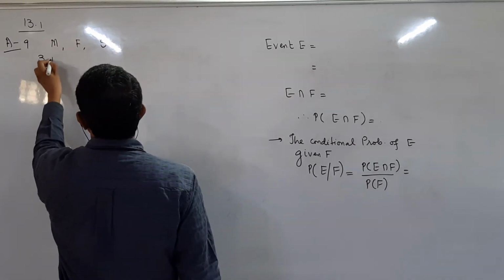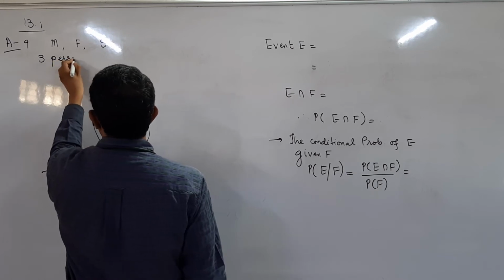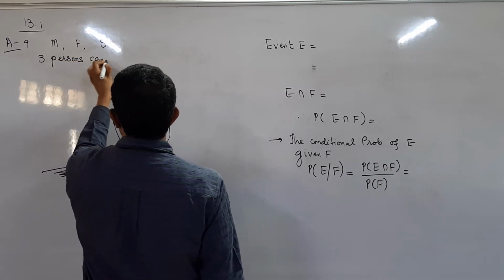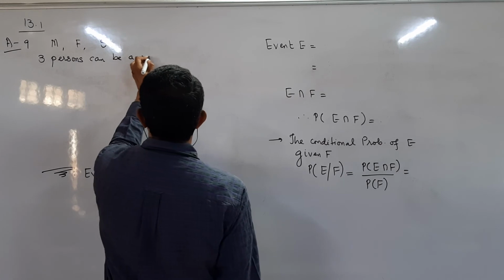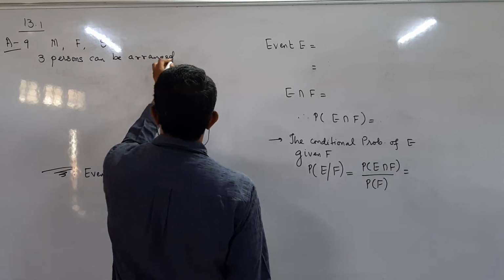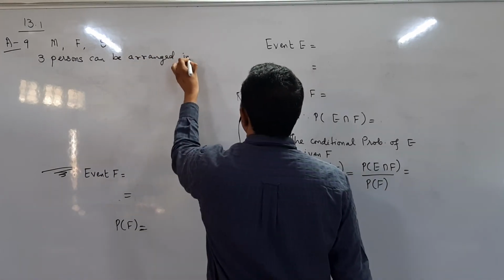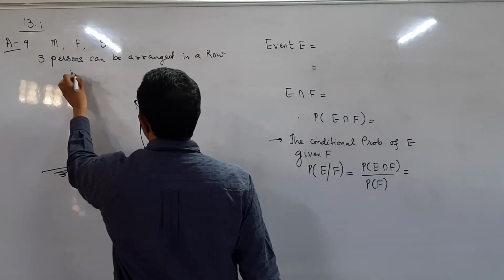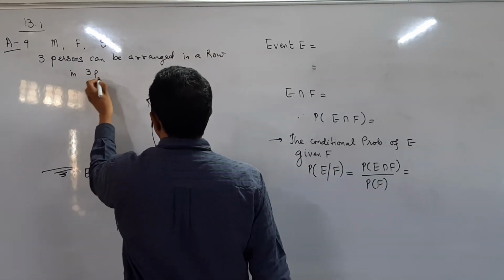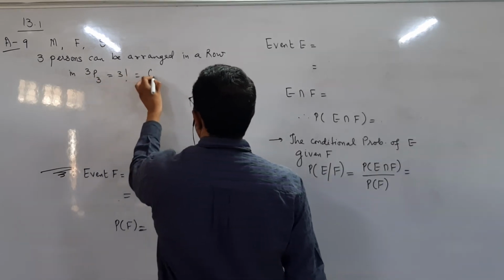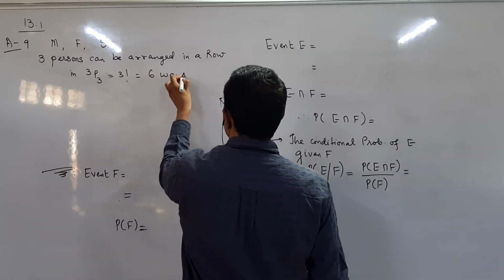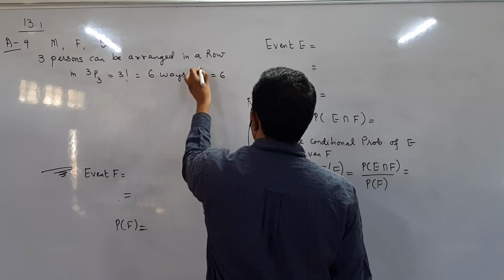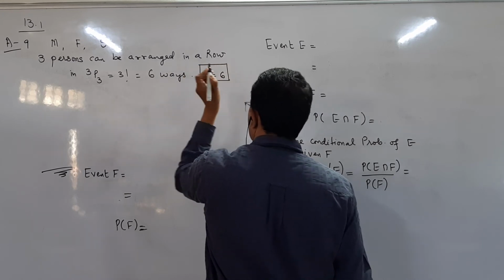So 3 persons can be arranged in a row in 3P3, which is equal to 3 factorial, which is equal to 6 ways, therefore n is equal to 6.